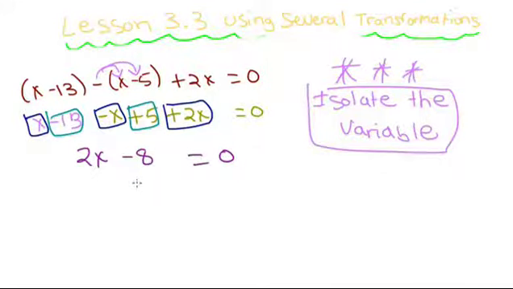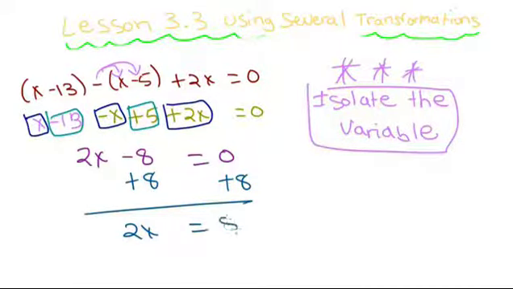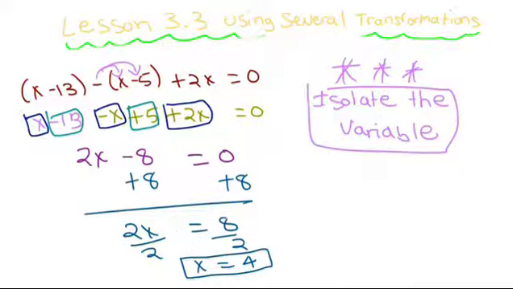So we will use the inverse property to isolate the variable, because now we will add 8 to both sides so that we will get 2x is equal to 8. So we want to isolate the variable on one side. The inverse of multiplication is division, so we will divide by 2 to get x is equal to 4. And that's the answer.